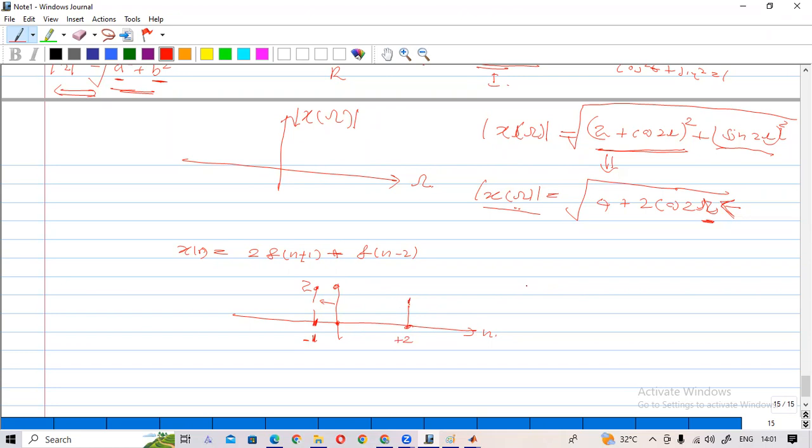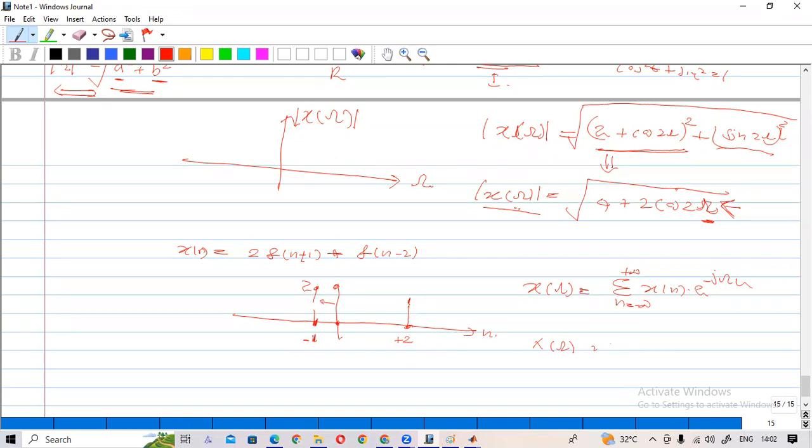Now you can find X(omega) using the Fourier transform: sigma n from minus infinity to plus infinity of x[n] e to the power minus j omega n. Here n goes from minus 2 to plus 2.